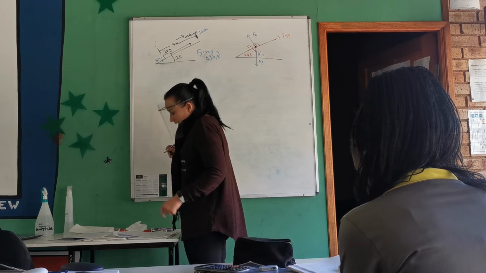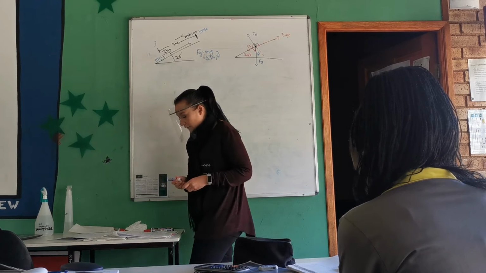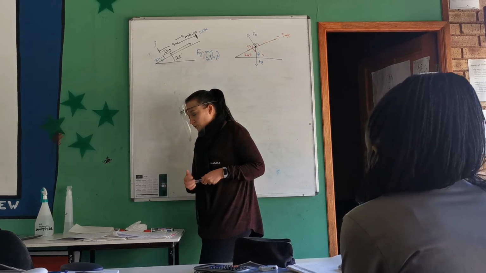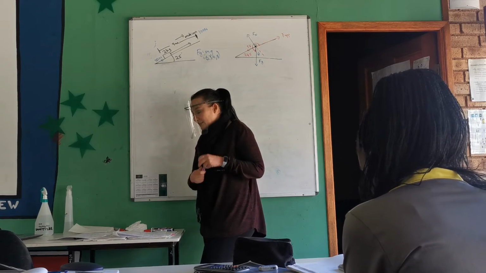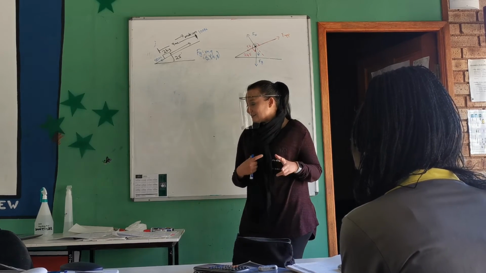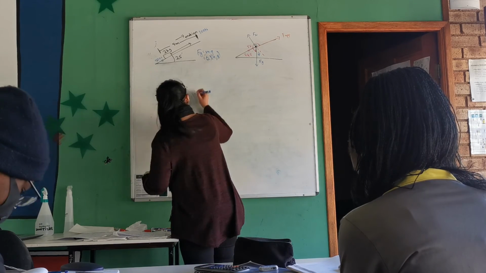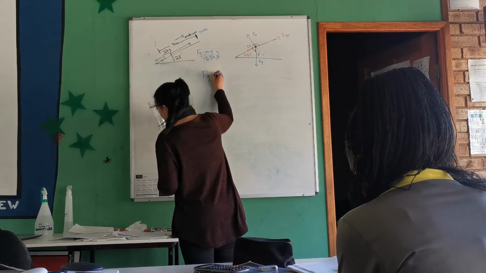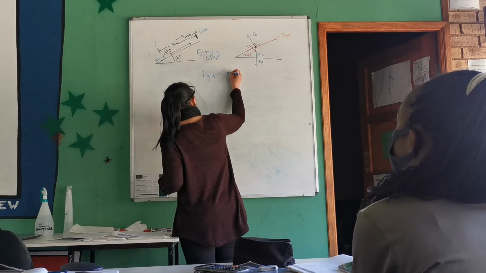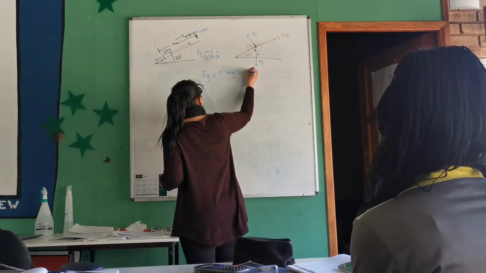So when it comes to method 2, we need to firstly look at the vector sum of the forces that are acting parallel to the plane. So we don't take anything into account unless it acts parallel to the plane. Okay? And for that reason, we're going to use Fg parallel, and that's equal to mg sine of theta.